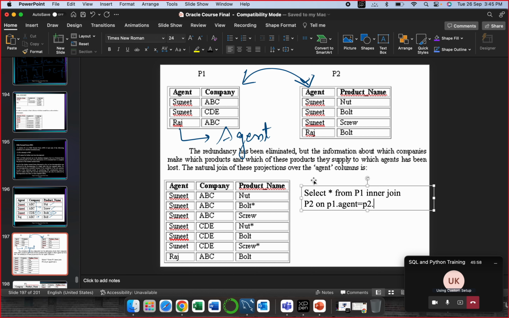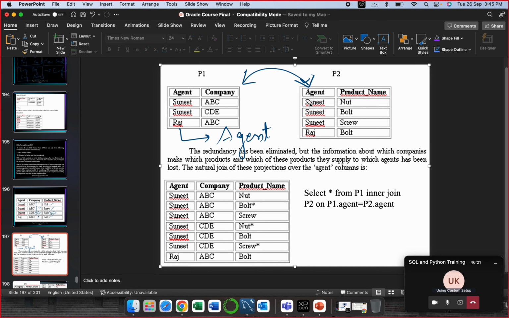So, when I put a join on these two tables P1 and P2, this statement: select star from P1 inner join P2 on P1 dot agent is equal to P2 dot agent. This is the common column between these two.